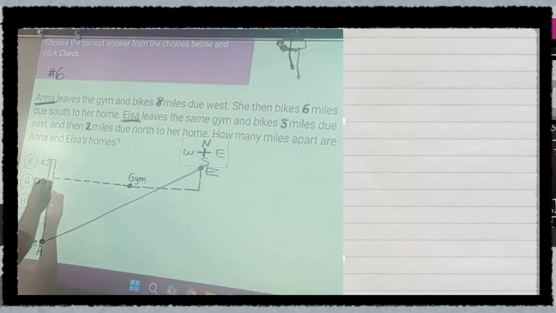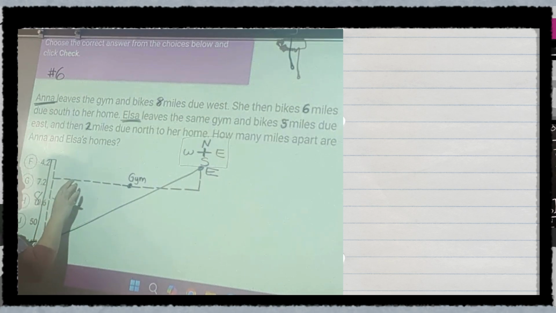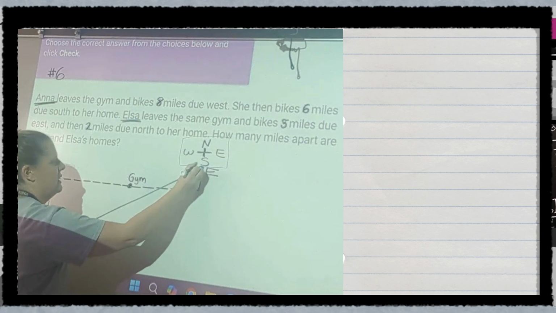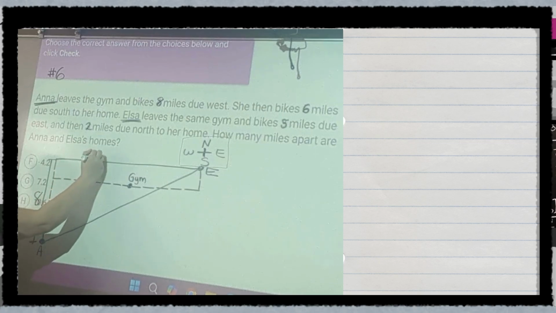And then we're going from here straight across. 1, 2, 3, 4, 5, 6, 7, 8, 9, 10, 11, 12, 13. Across is 13.